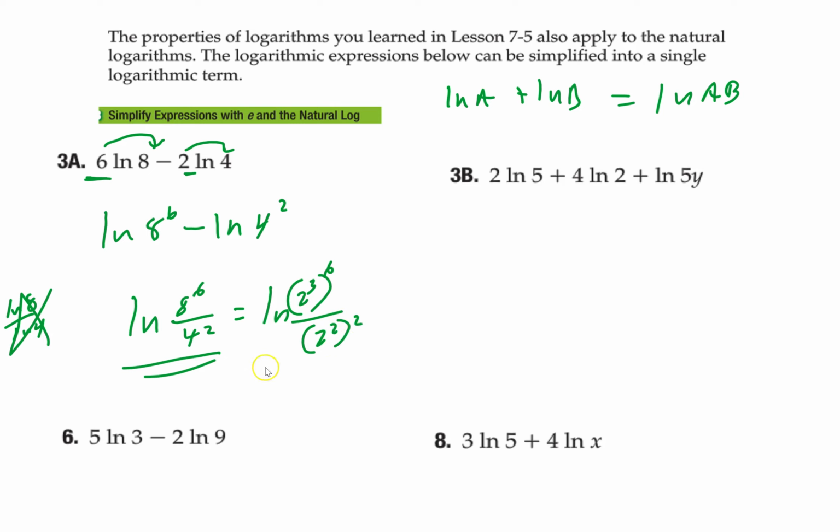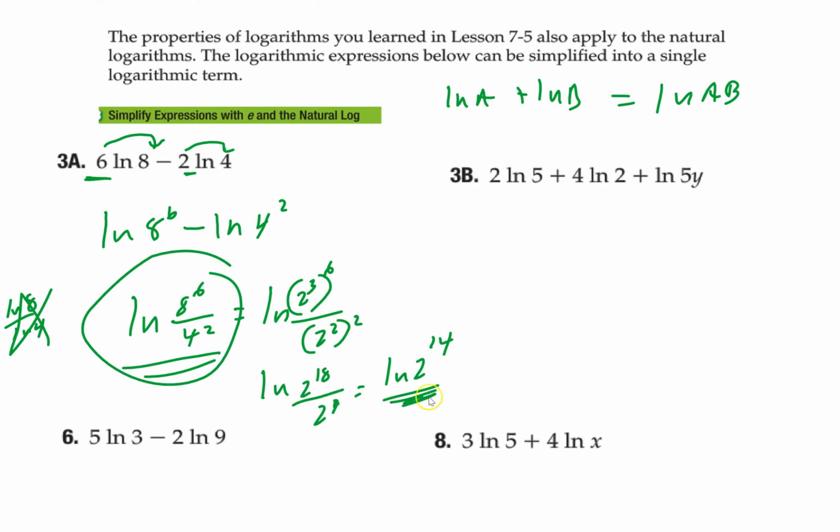Now remember, power to power you multiply, so I actually get natural log of 2 to the 18th over 2 to the 4th, which is going to give me natural log of 2 to the 14th. That's some power skills right there, right? You write 8 as 2 to the 3rd, power to power you multiply, so 2 to the 18th. You write 4 as 2 squared, 2 times 2 is 4, so 2 to the 4th, subtract, 2 to the 14th. Again, this will give you full, amazing credit.